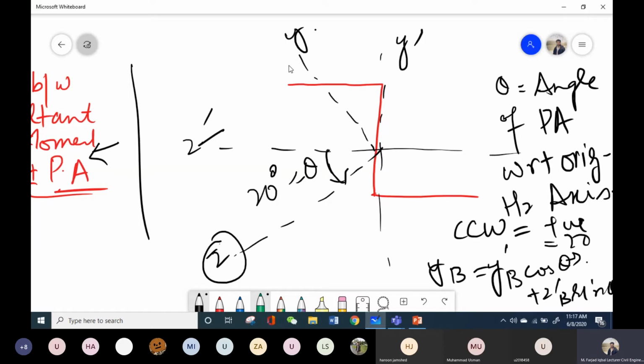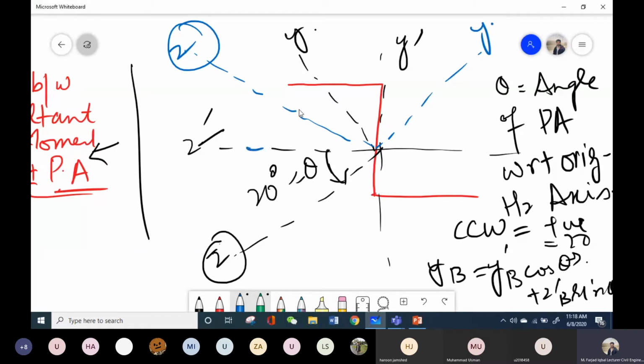Now suppose there is a question in which the orientation of the principal axis is something like this. This is the z axis, and obviously these two axes will be given to you, which axis is which. It will be provided that this is the z axis and this is the y axis, meaning this axis was originally horizontal and I have now rotated the horizontal axis at some angle.